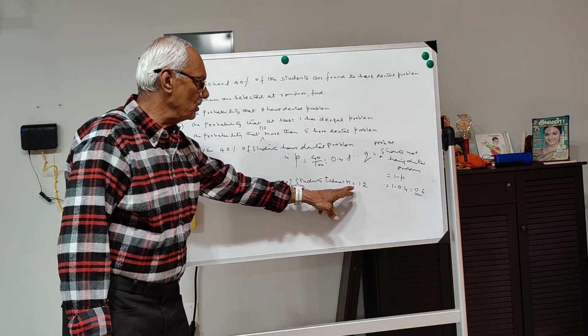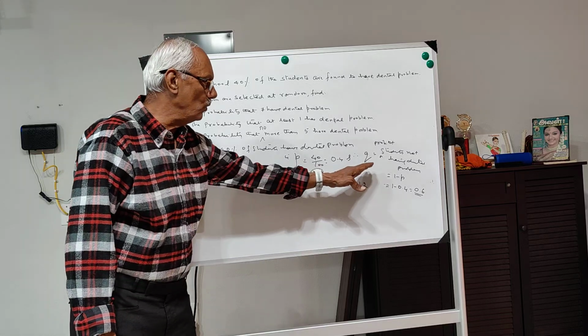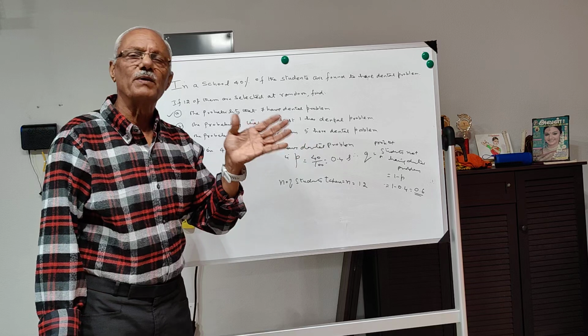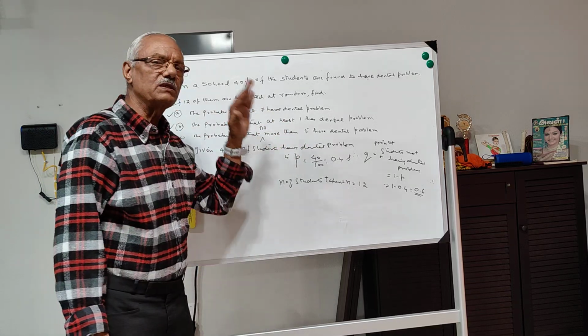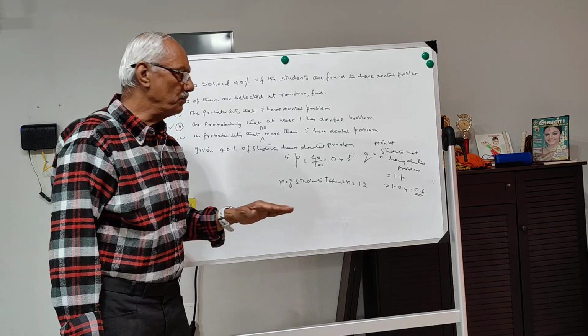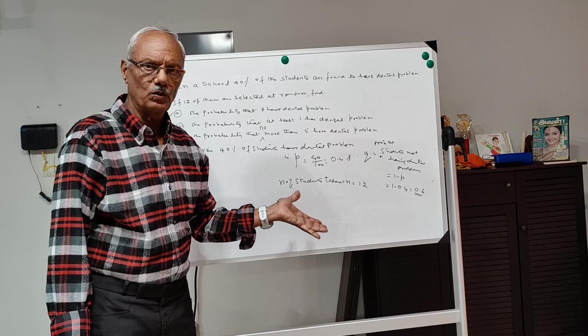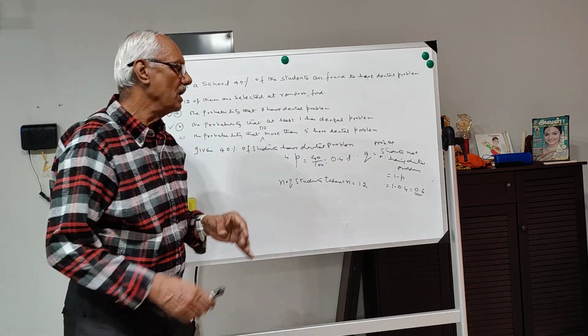Now you know what is n, it is a finite number, and you know what is p, and you know what is q, and therefore this problem follows binomial distribution. So you must understand that. This problem comes under binomial distribution, simple reason is the number of trials is definite and p is known. Naturally q is equal to 1 minus p.